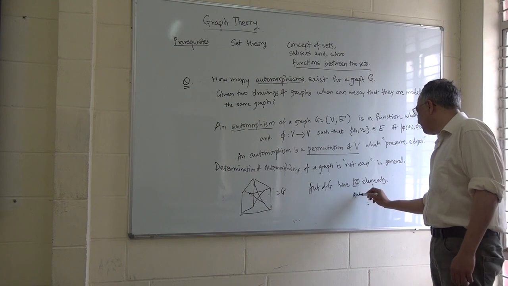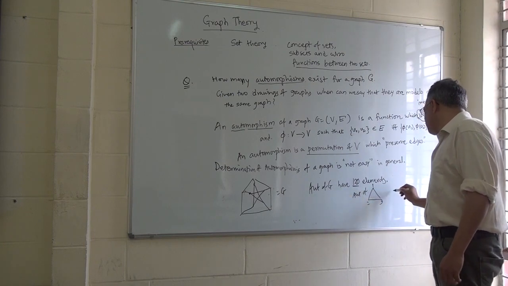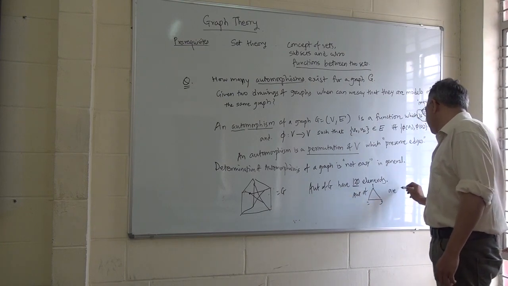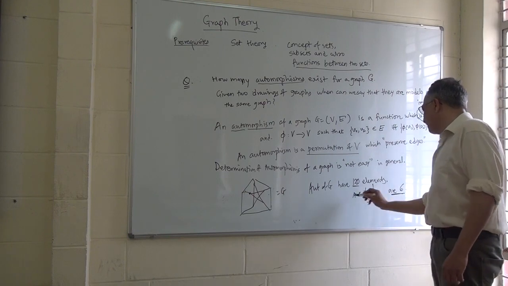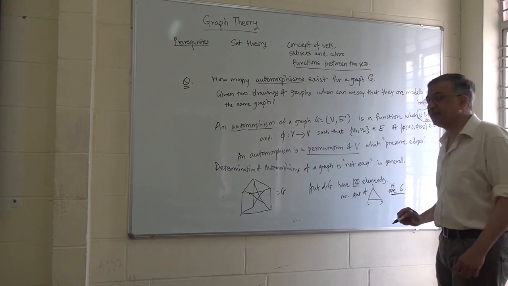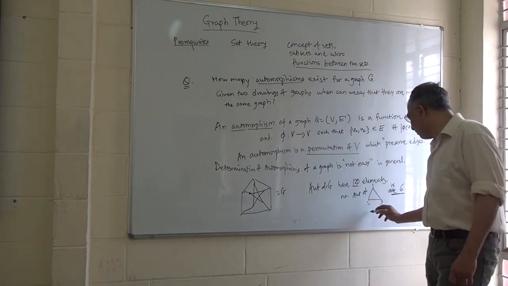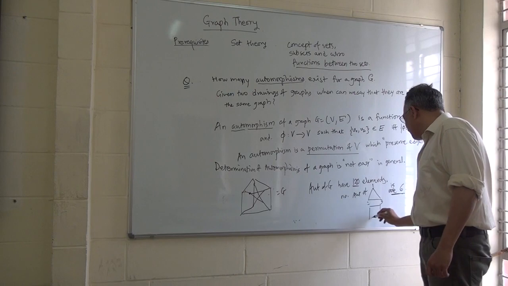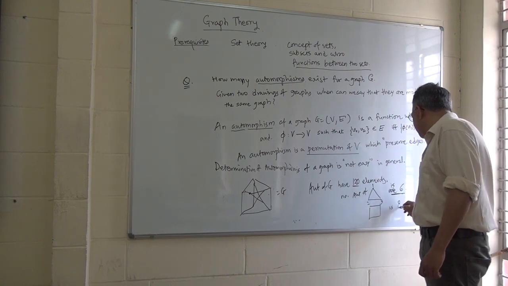Number of automorphisms is 6. And the number of automorphisms of a square is 8.